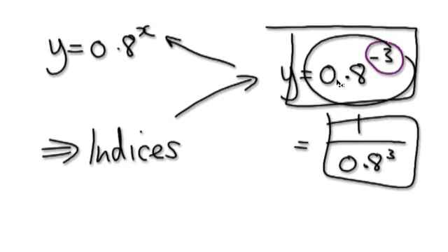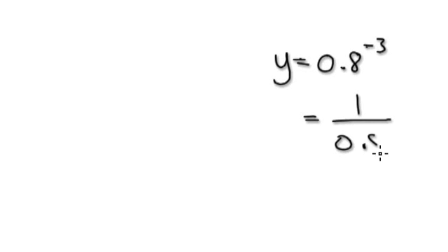The minute you see something like y equals 0.8 to the power of minus 3, immediately jump to this: 1 over 0.8 to the power of 3. Now, here's the thing.